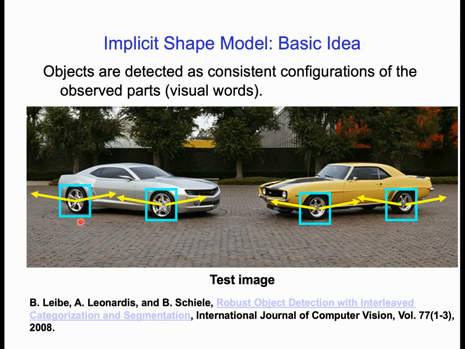And the idea about the implicit shape model or generalized Hough transform is to simply create a voting. For example, in this example, for this location, there will be two votes saying that this is the center of the car, while for this location and this location, there will only be a single vote. Same as here, at this point there will be two votes, while here and here there will be single votes.